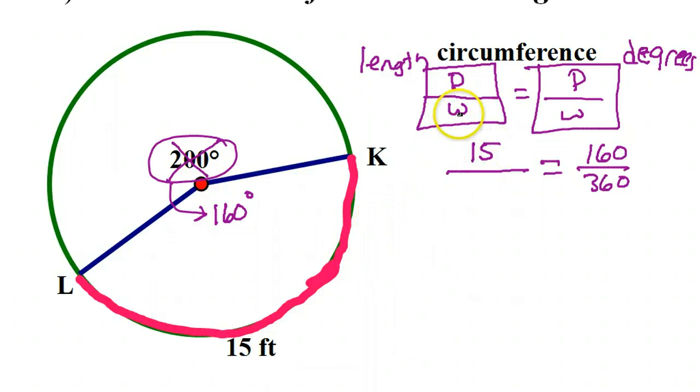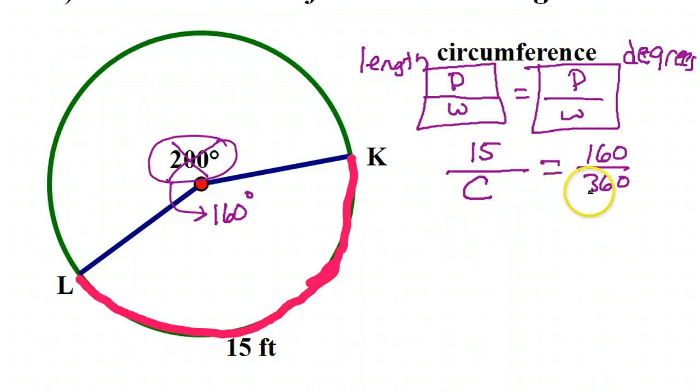Now the whole length is the circumference. That's what we're looking for. A lot of students, because they've seen it on other problems, will automatically want to put x on top. But in this case, we're given the partial length, so we're going to fill that in. We're looking for the whole, so that goes on the bottom.